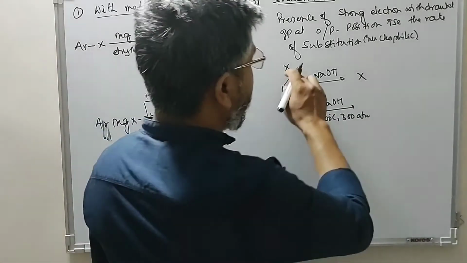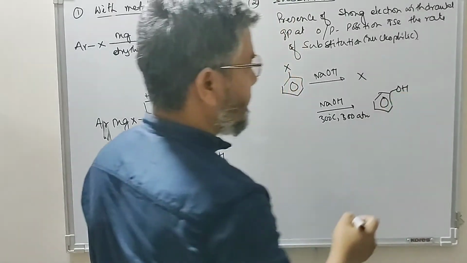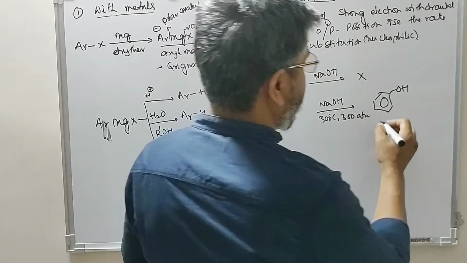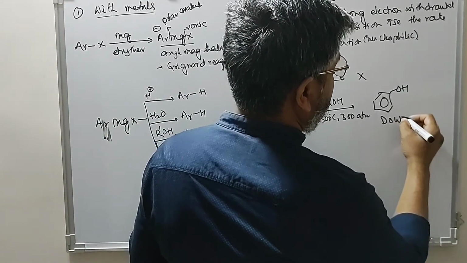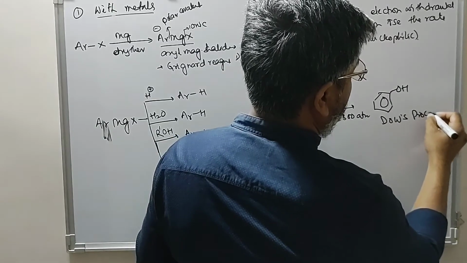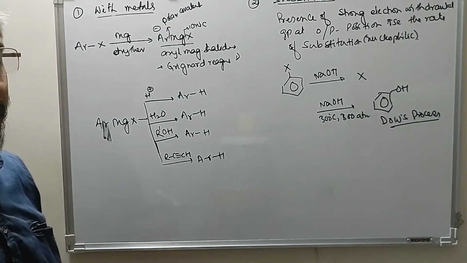Under this condition, this Cl is replaced by OH. We get this OH. So this is Dow's process, for preparation of phenol from halobenzene.